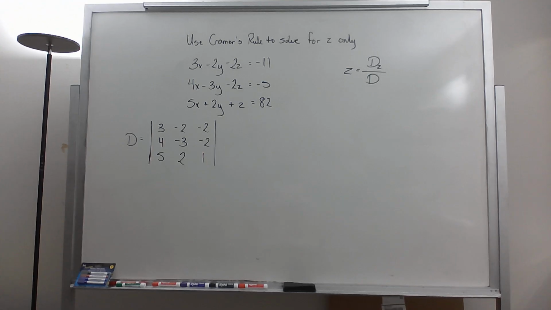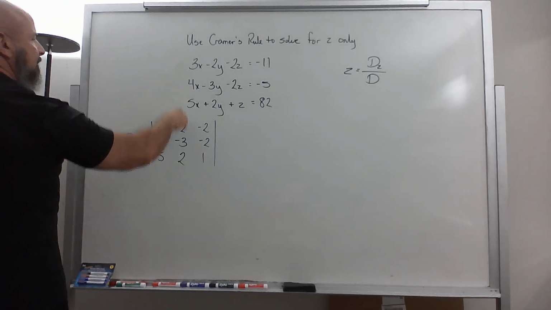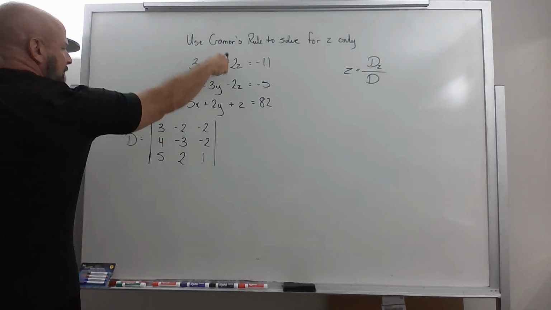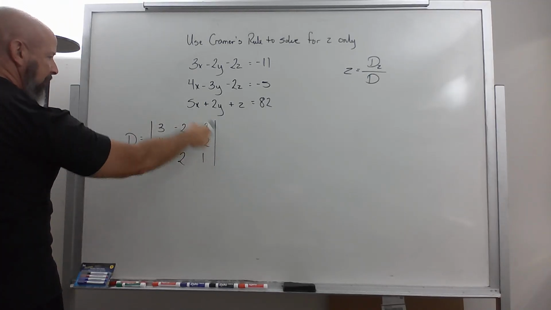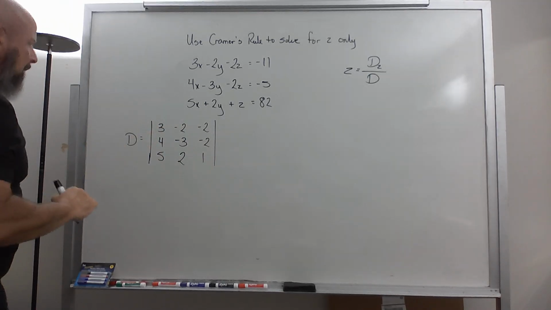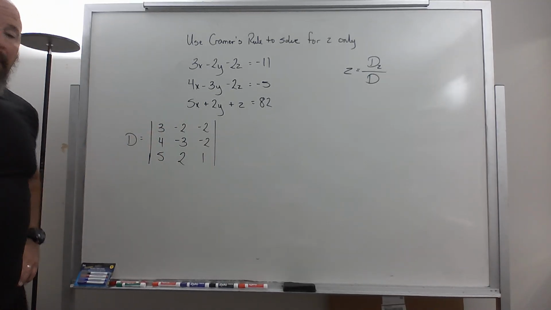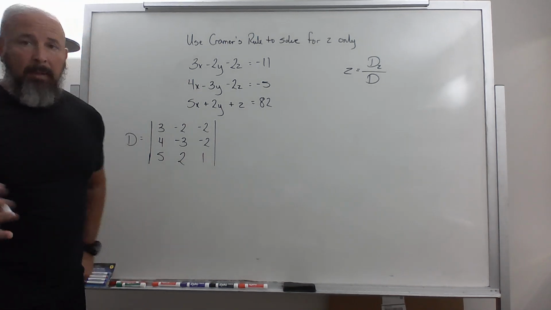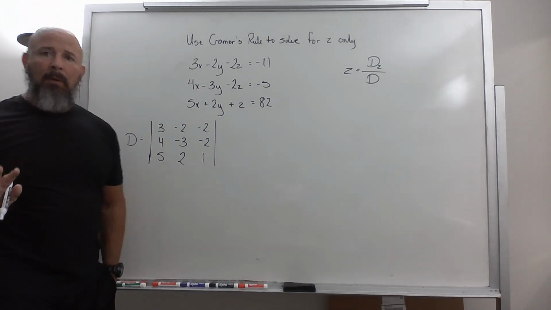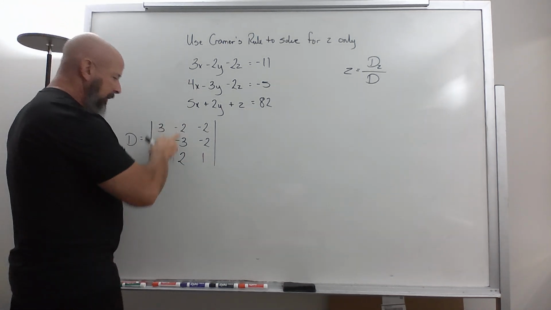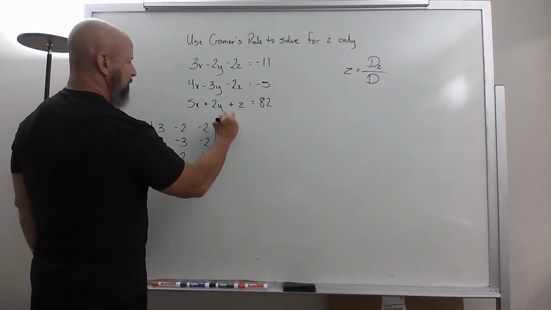So a base determinant, remember, x column, y column, z column. Got those values there. So now let's review evaluating a 3x3 determinant. The first thing I want to do is rewrite the first 2 columns.